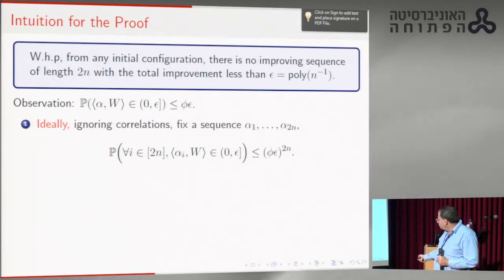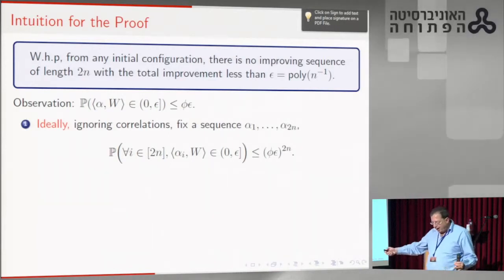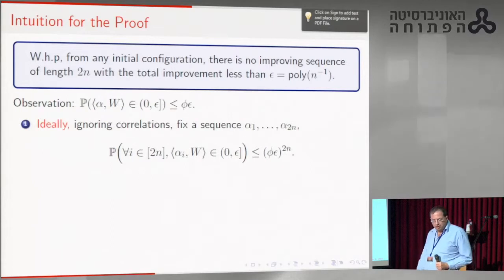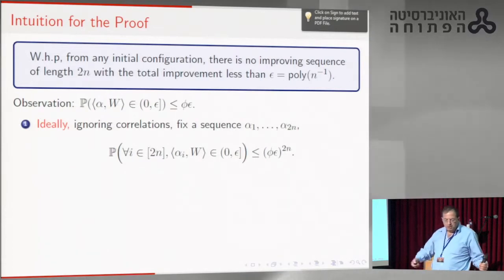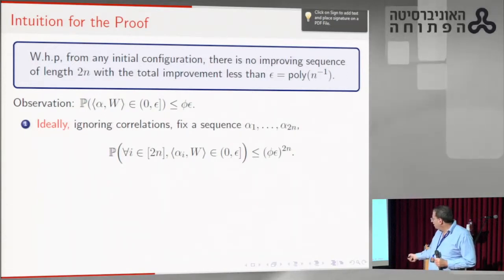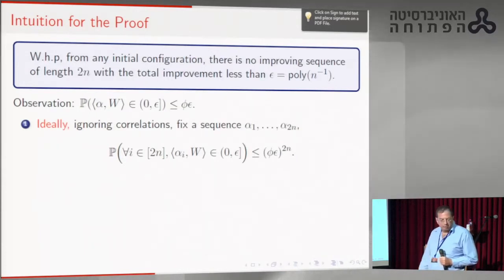Well, if you add independent variables, the resulting sum is at least as smooth as any of them. So the maximum of the density cannot increase. So this sum has density bounded by phi. So we get this probability is bounded by phi epsilon.